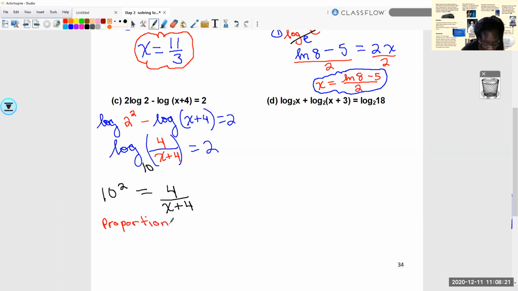And proportions are solved by cross multiplying. Okay, so I'm just going to rewrite 10 squared. We should know that is 100. So it's going to be 100, which is a whole number, over 1. We do that to have some comfort. Equals 4 over x plus 4.